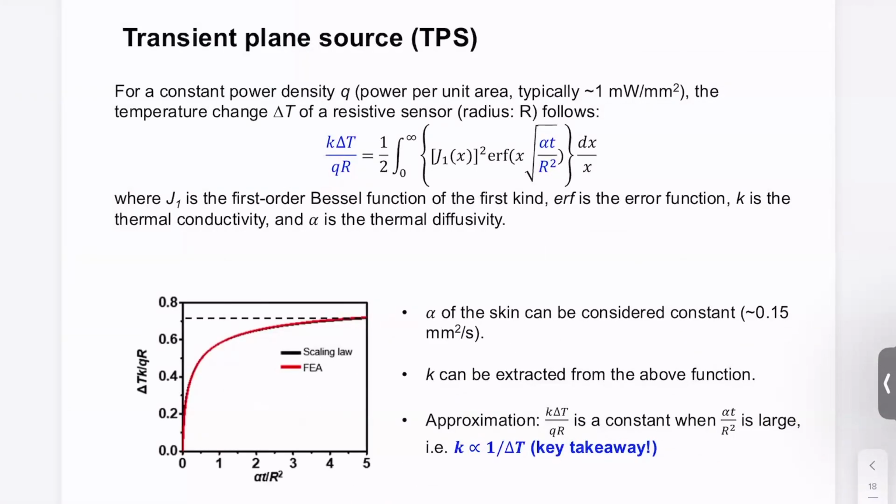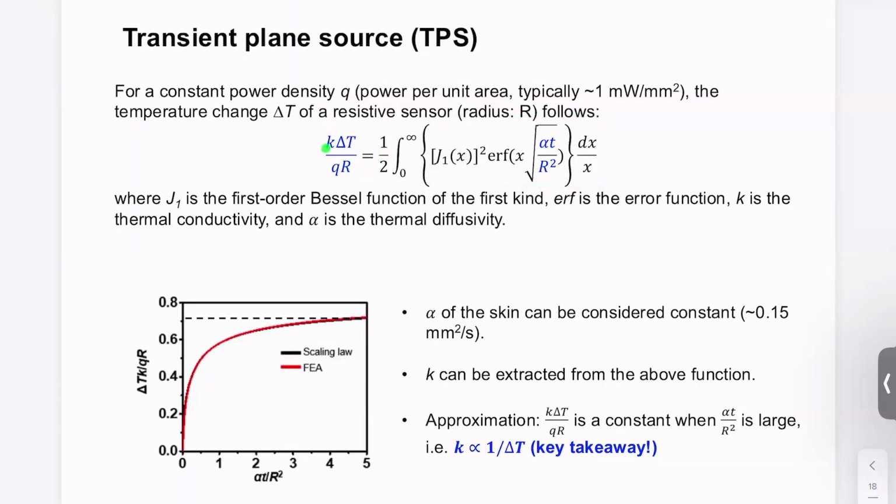Okay, so we want to be a little bit more quantitative. So we have an equation for TPS. For a constant power density Q, the temperature change delta T of a resistive sensor with a radius of R follows this equation. K delta T over QR equals a really complicated equation on the right.